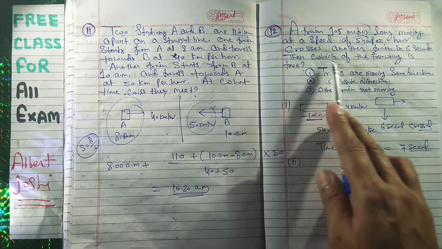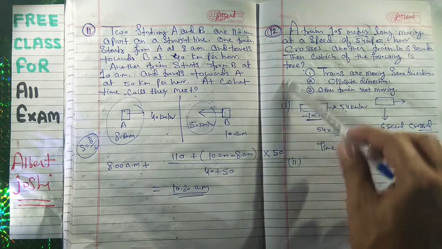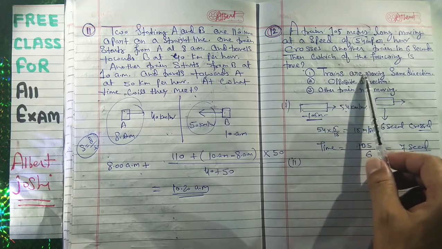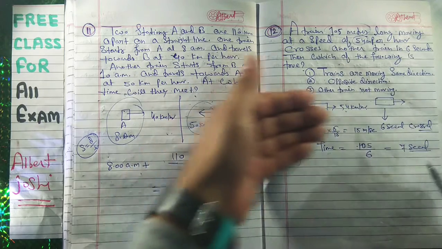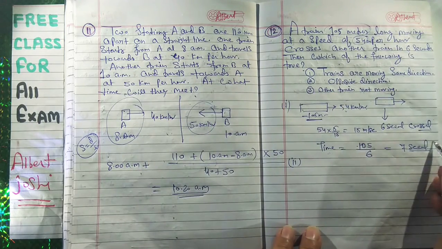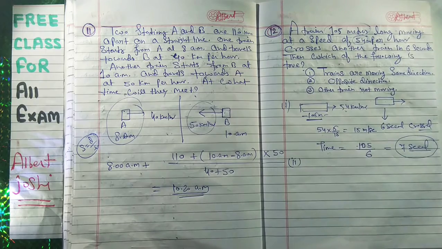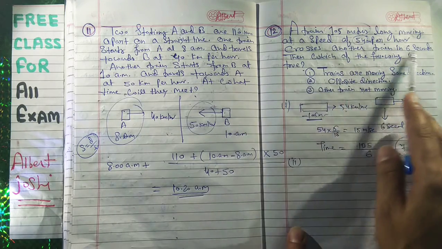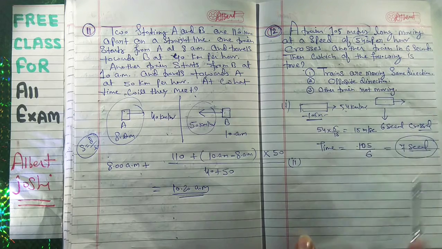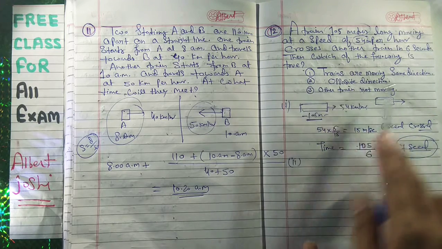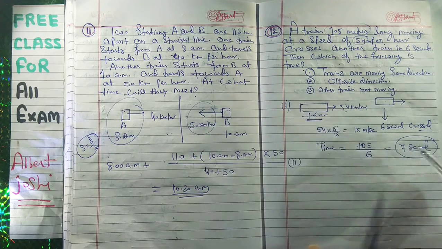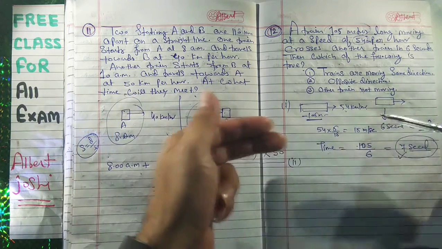We calculated for trains moving in the same direction, and we got a total time of 7 seconds to cross each other. But for the opposite direction, it takes 6 seconds.